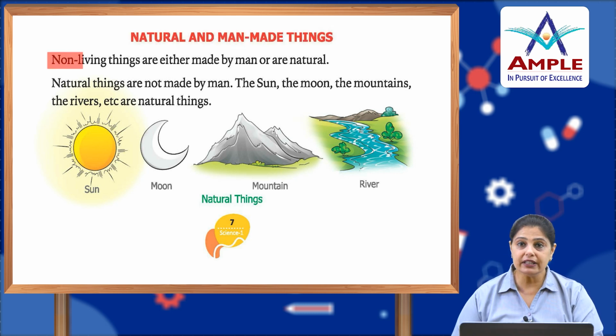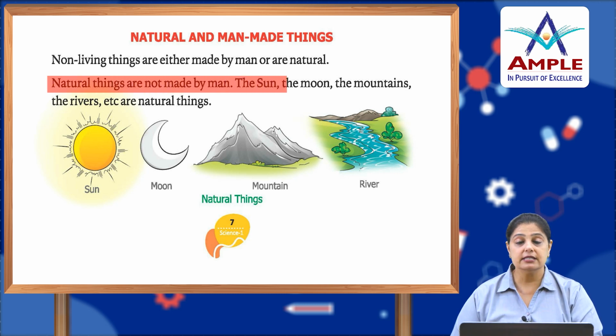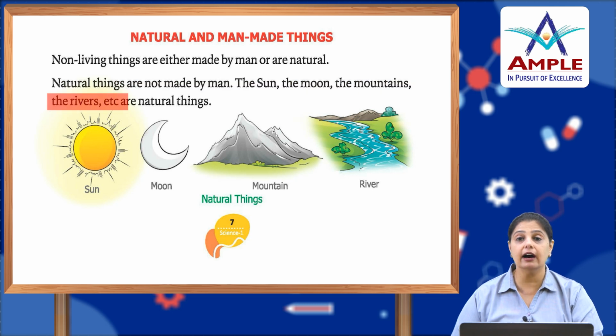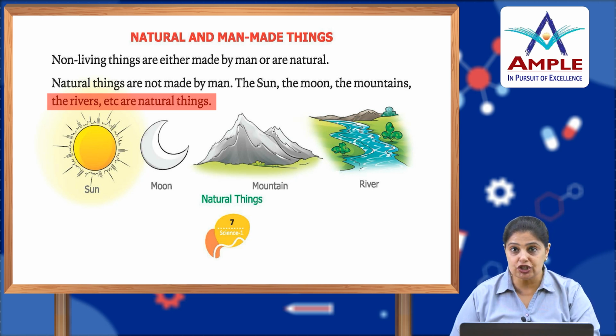Now, non-living things are either made by man or are natural. Natural things, they are not made by man. The sun, the moon, the mountains, the rivers, etc., they are all natural things. So, natural things are not made by man. They were already there in the nature created by God for us.